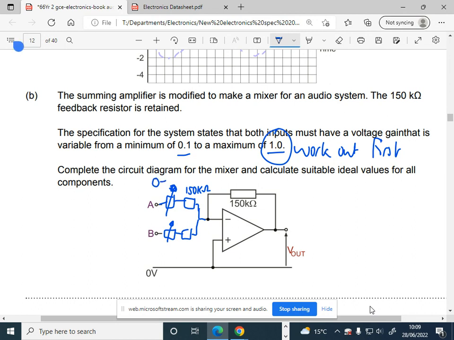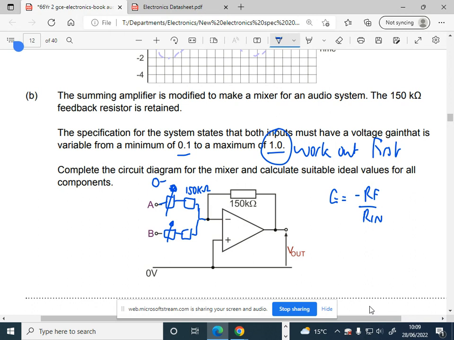If that was 0 ohms, the gain would be 150. I need to now vary that. If I increase this, look at the equation. If Rin gets bigger, what's going to happen to the gain? It's going to reduce, yes. So Rin bigger, gain reduces.